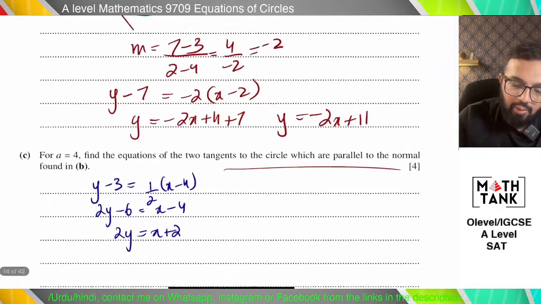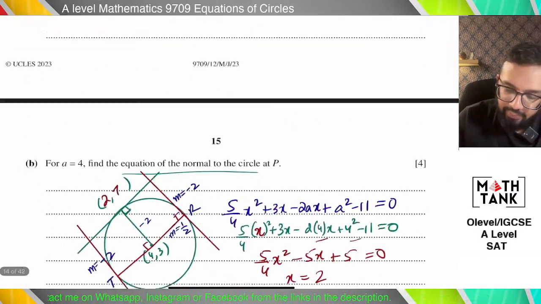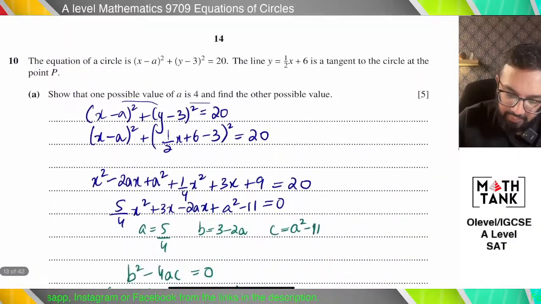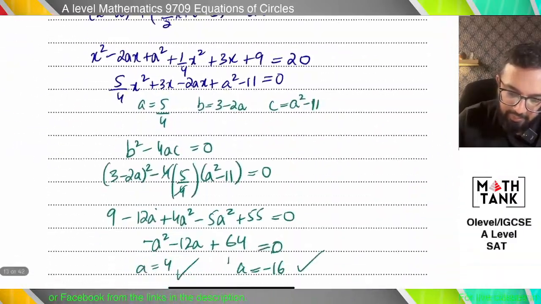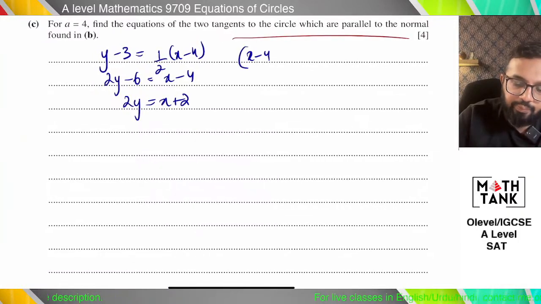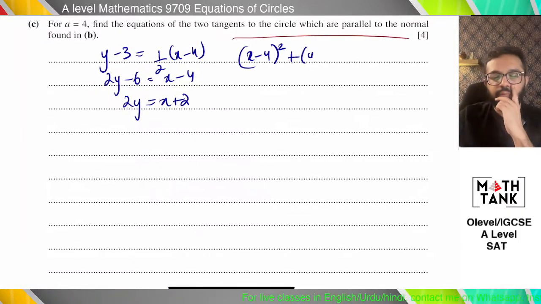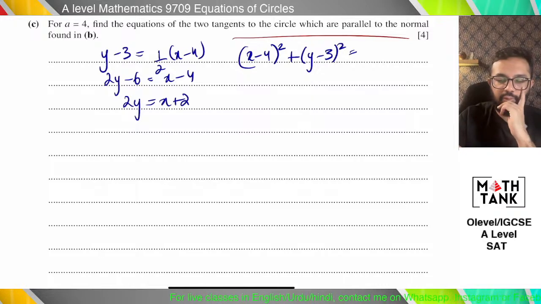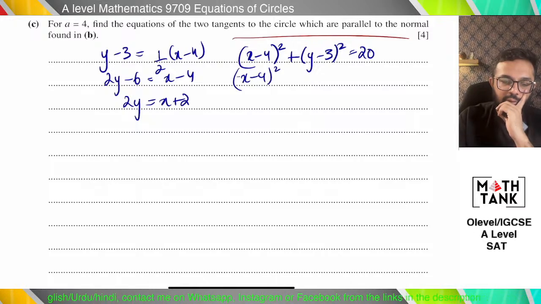2y equals x plus 2. Okay, then I have the equation of the circle, which is x minus 4 whole squared plus y minus 3 whole squared equals 20. I solve these simultaneously. Okay, I can actually replace x easily. I can do 2y minus 2 equals x.